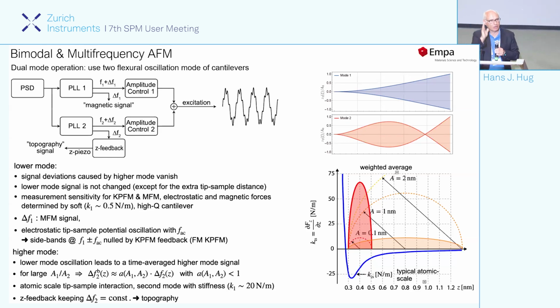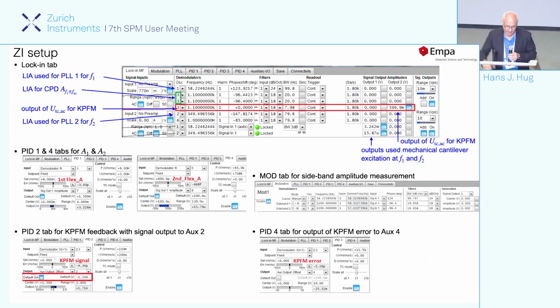So multimodal, right? First and second mode, and multi-frequency using the sideband techniques simultaneously. Now, how do we do it? Well, in the same way as before, right? We have the PLL working here at 58 kilohertz. That's the first mode. We have the second oscillator working at 350 kilohertz roughly. That's the second mode.